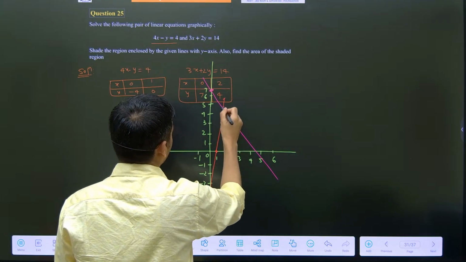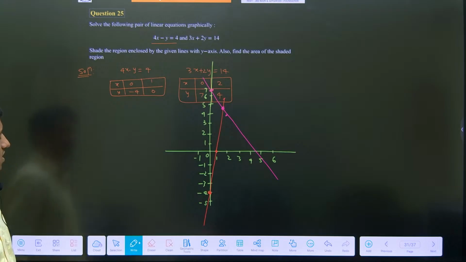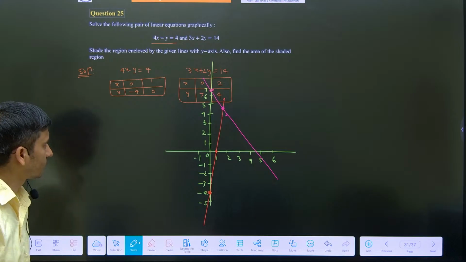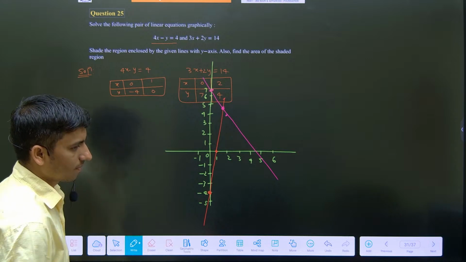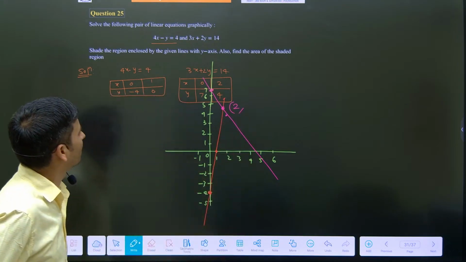So the point of intersection will be this point. Can you guys comment what is the point of intersection you have got? I'm just telling you analytically. So x is 2, I think.